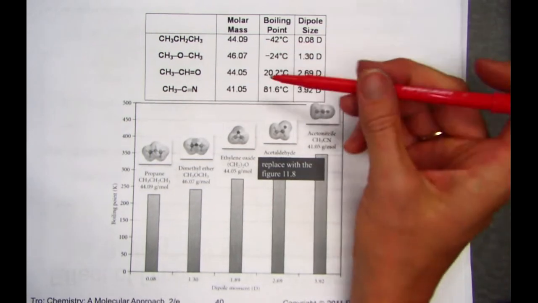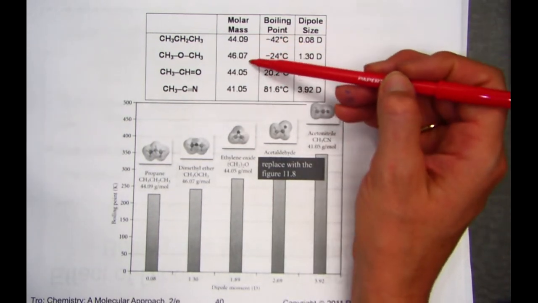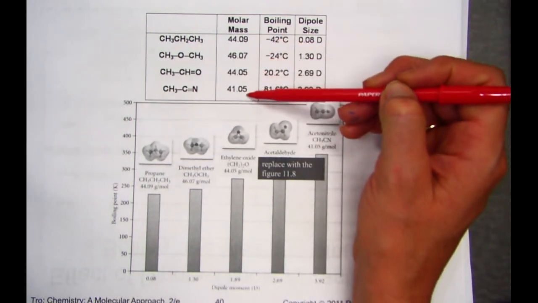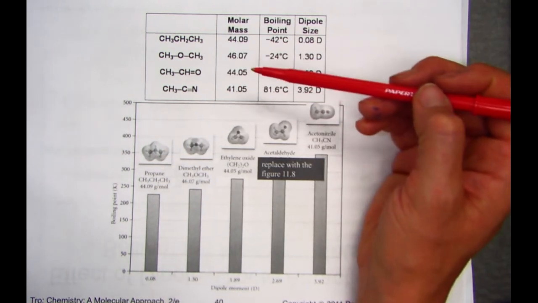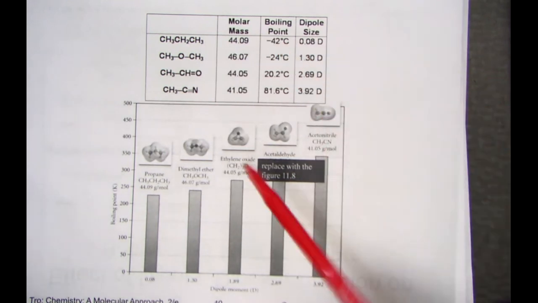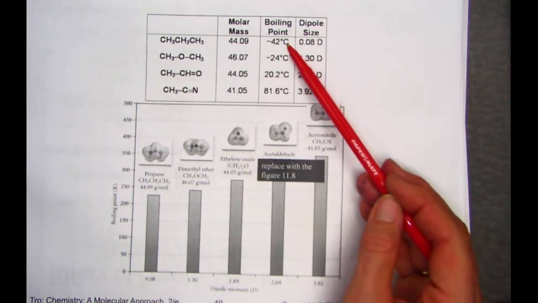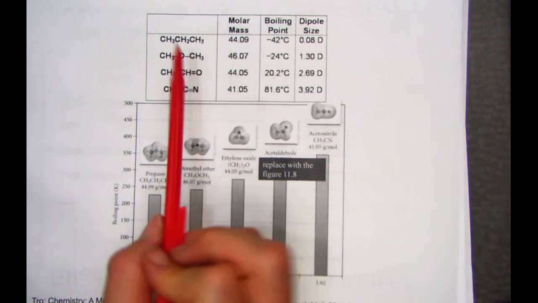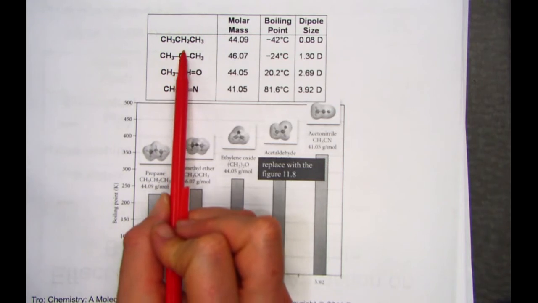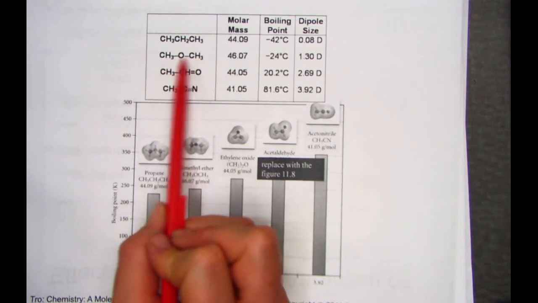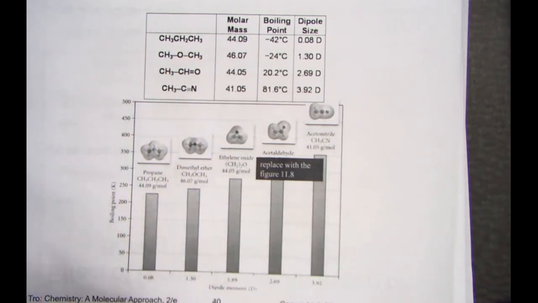Here's the same idea. The molar mass of these compounds is very similar. However, the polarity of these molecules is very different. The nonpolar molecule, -42. A symmetrical molecule with oxygen as the center atom, a lone pair, but it's very symmetrical, -24.